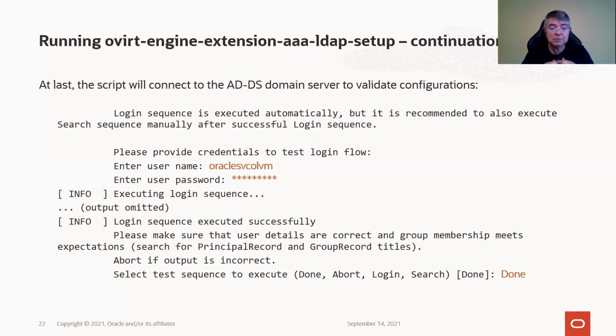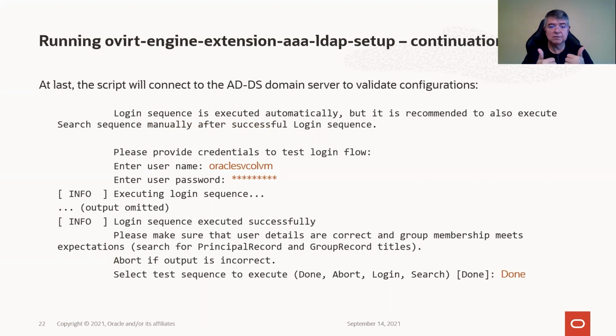And this needs to have one user to start testing. In this case, I'm using the same user. So it will run the first connection, see if this account is available, and then perform a bind using this second user and password for the authentication. It will execute the login sequence and run some tests on it.